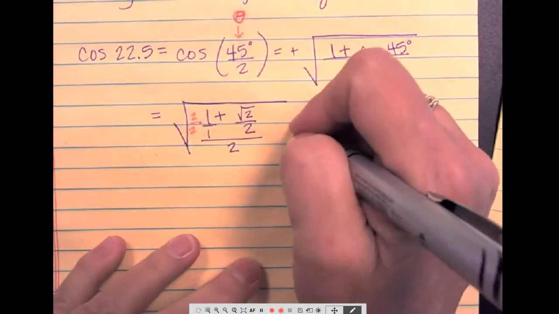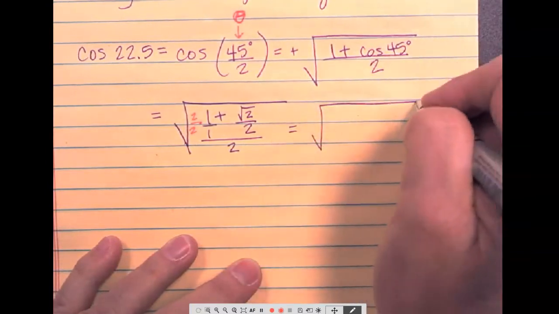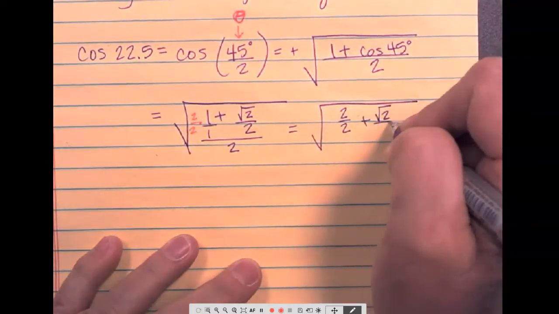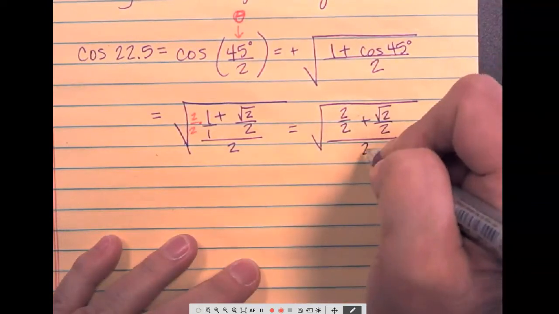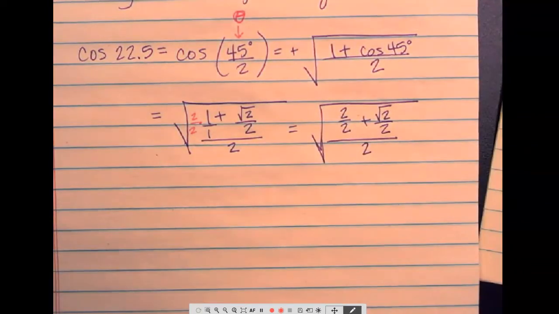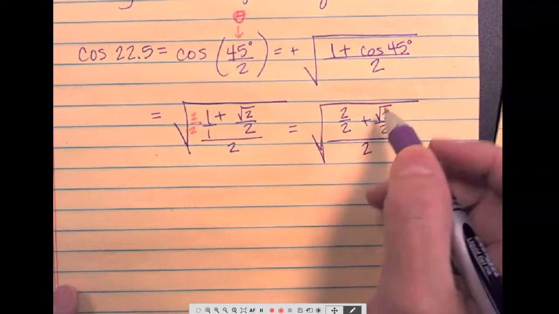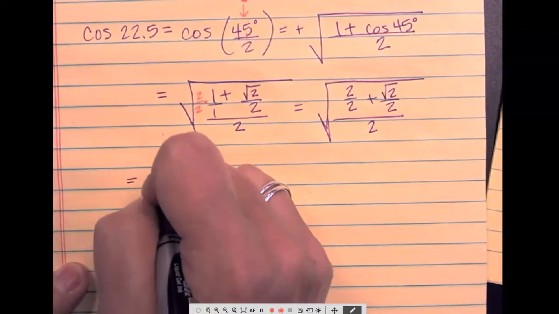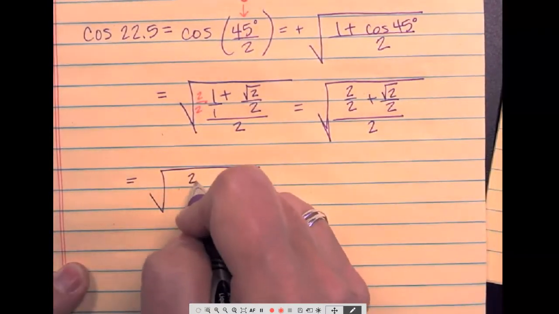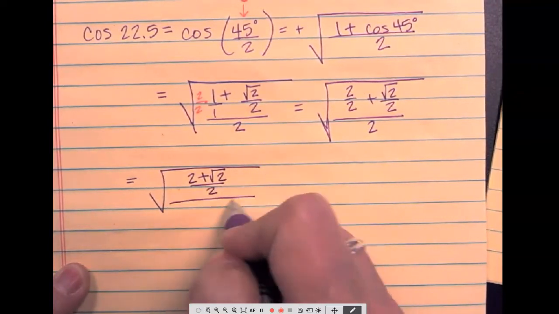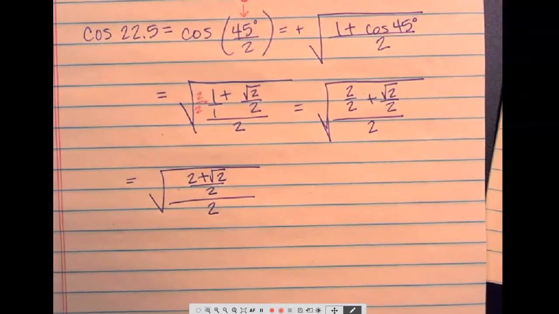So my new and improved fraction is 2 over 2 plus square root of 2 over 2, all that over 2. There's a 2 everywhere. These now have common denominators, so I can add them. And that gives me 2 plus square root of 2 over 2, all over 2.